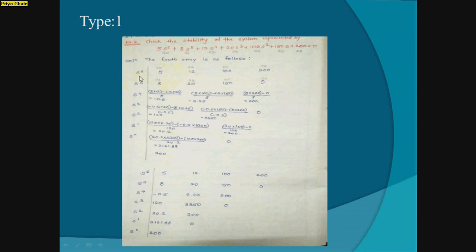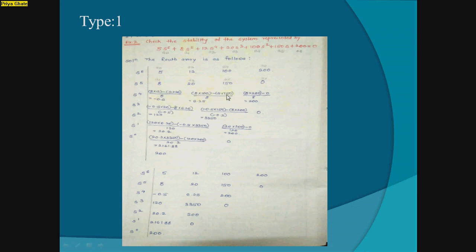We start with s raised to 6 and arrange in descending order. Now the a0 coefficient is 5, then 12, then 100, then 200. In the first row we write the even coefficients of these terms, and in the second row we write the odd coefficients of this characteristic equation.